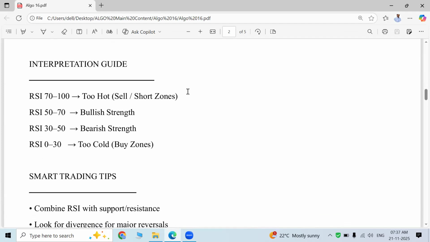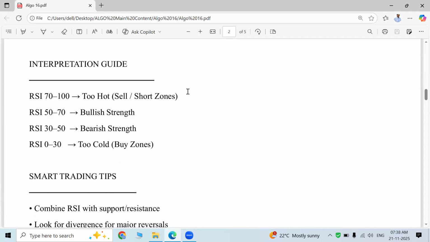Now, if the RSI is between 70 and 100, we are not going to buy, we are going to sell, and it's a very hot zone we can consider. 50 to 70, we can play a bullish trend. The market is going up and it's showing bullish momentum. 30 to 50, we can consider the bearish part and we can play on the bearish side also.